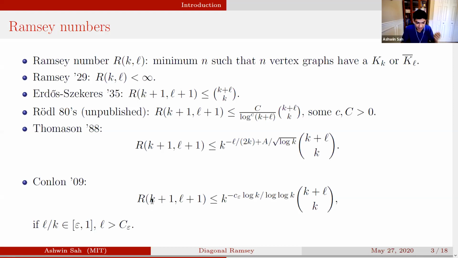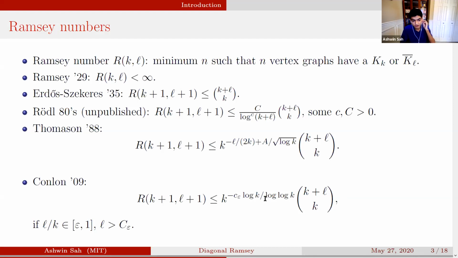Explicitly, if l over k is between epsilon and 1, and l is sufficiently large, then R(k+1, l+1) is at most k to the negative c log k over log log k times this (k+l choose k), the Erdős–Szekeres upper bound. Another way you could write this is e to the negative c log squared k over log log k.